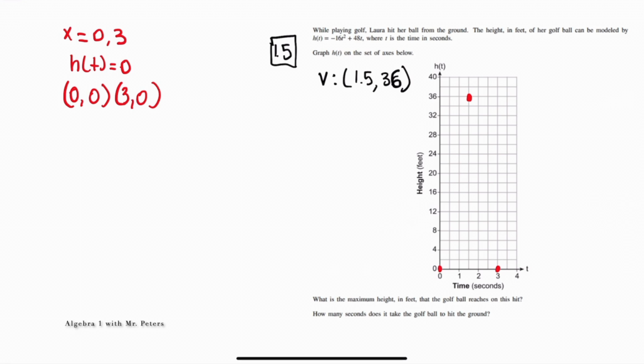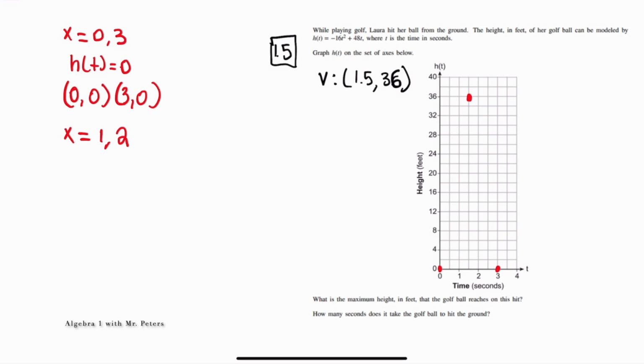Now the next 2 points that we could pick are when x is equal to 1. Because we went half a space to the left, 1.5 to 1, if I go half a space to the right, on the other side, x is going to be equal to 2. So these two x values are going to share the same y coordinate.